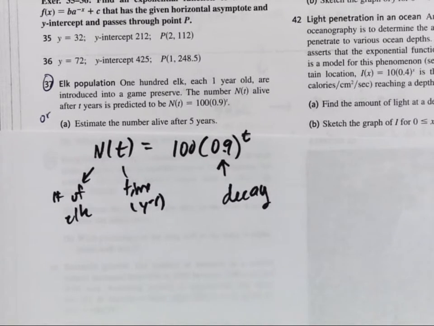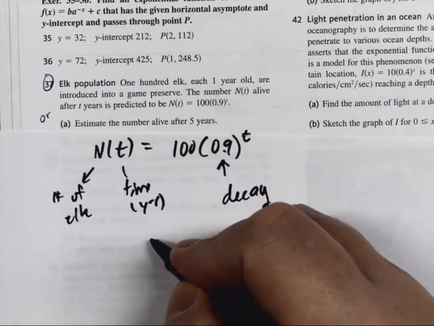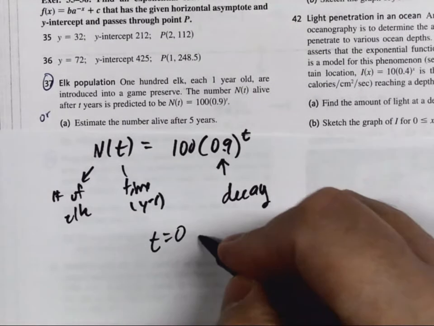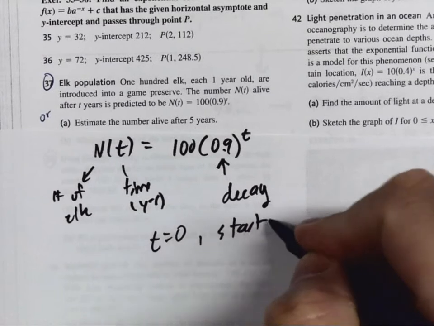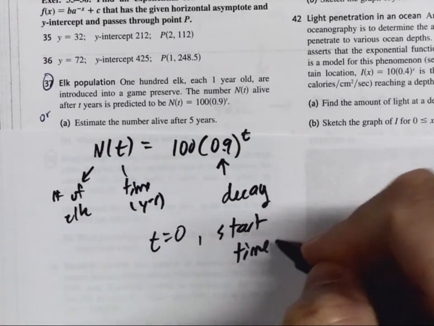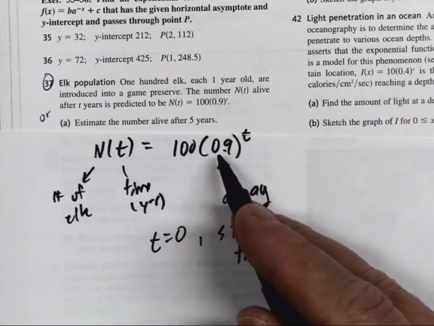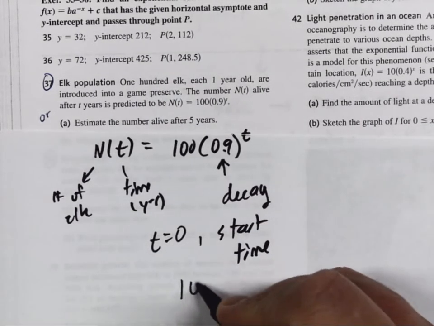Another thing, just to show you what happens when t is 0. What's going on when t is 0? Well, it's like the start time. It's when the timer is 0. So what happens when you plug 0 into our equation?